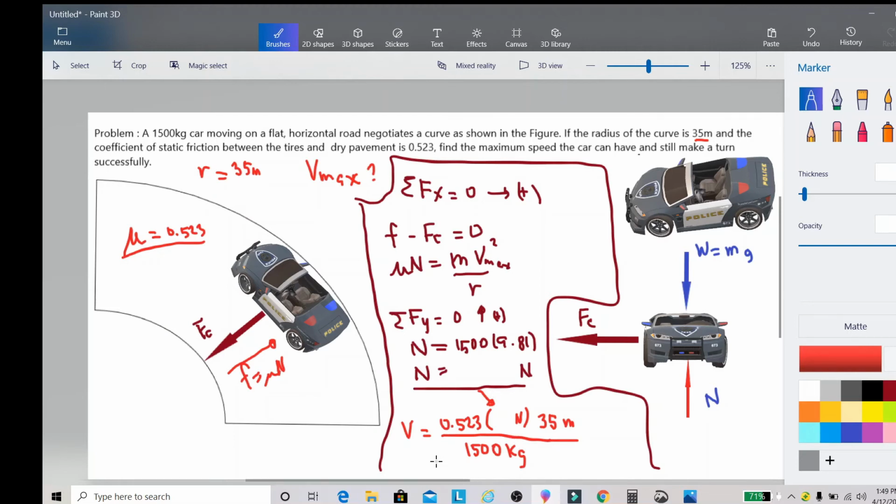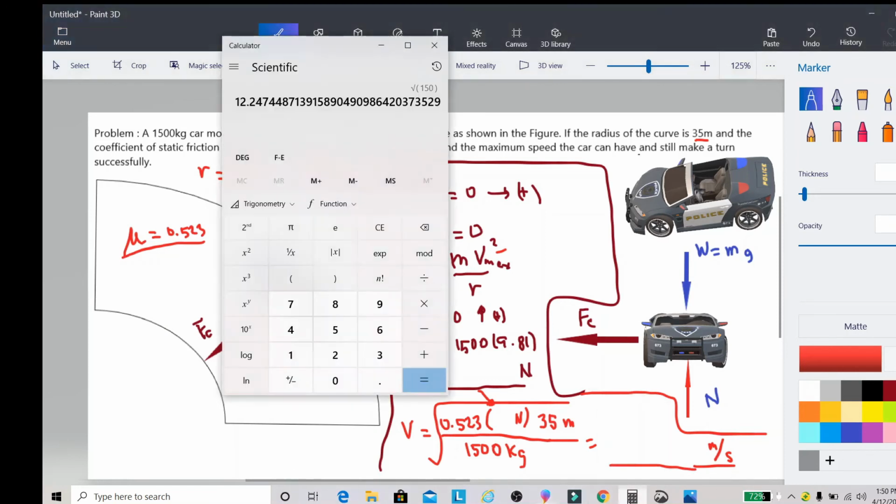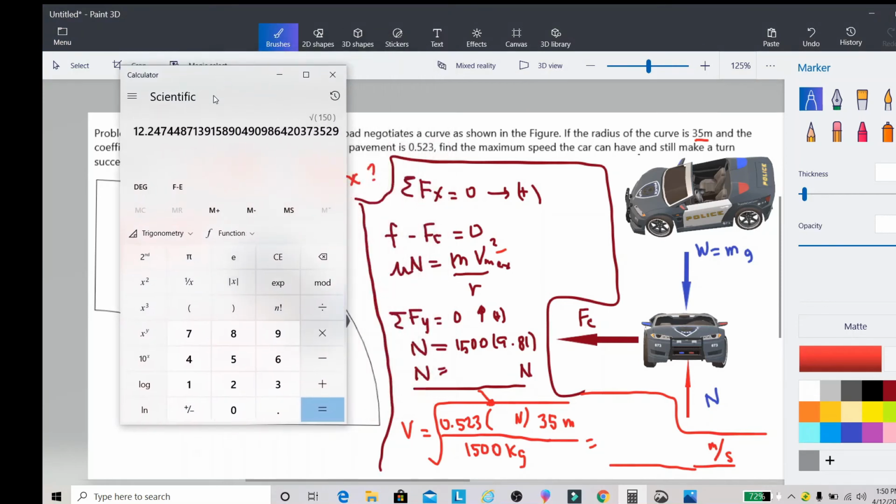So we have to extract the square root because this one is squared. This one will be meter squared per second squared, and we extract the square root. So the answer is meter per second. Let us try to grab the calculator and solve for the values.